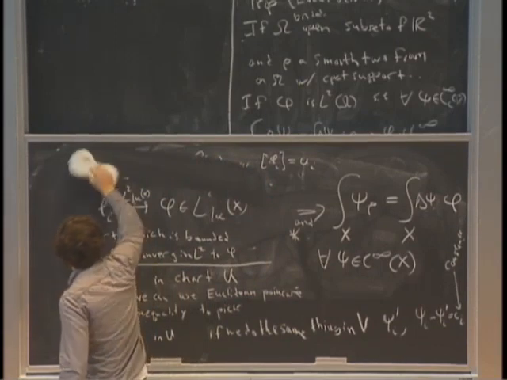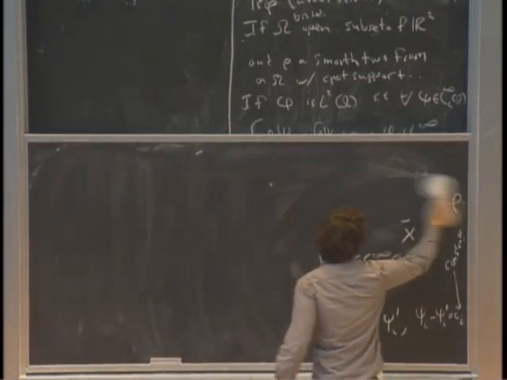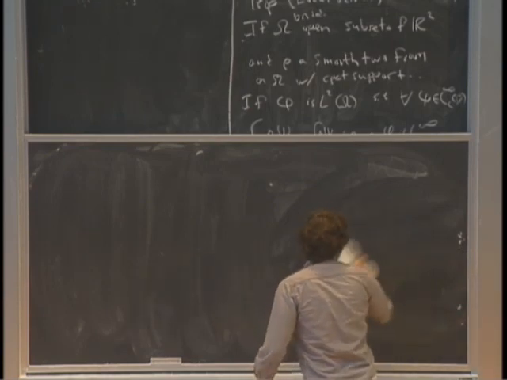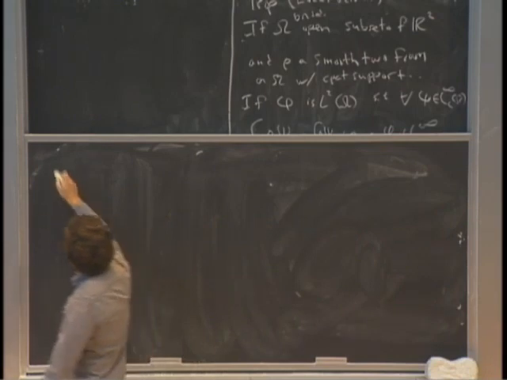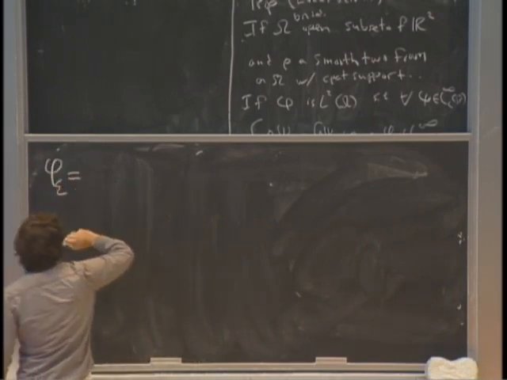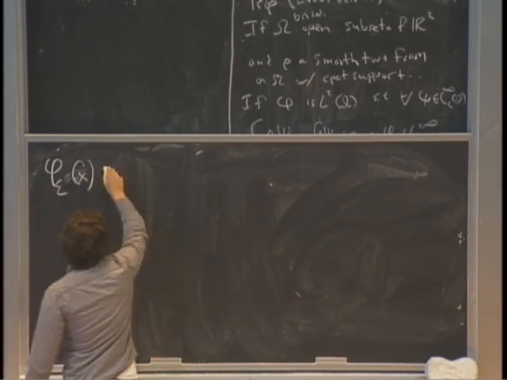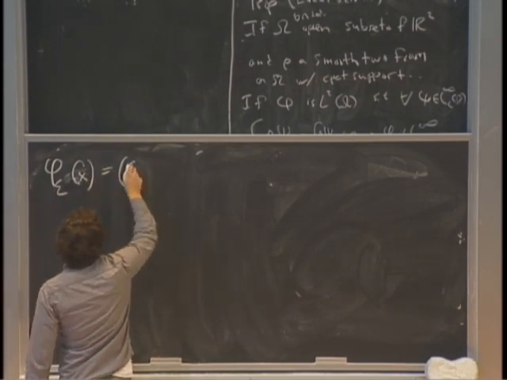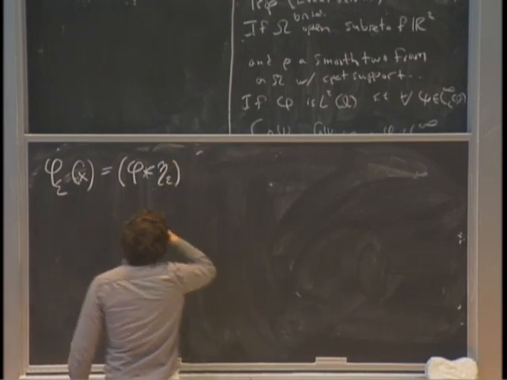Okay, so let's see how this works. Now we want to do the smoothing. So now we smooth out phi by taking phi epsilon, which by definition, the value at a point x, is the convolution of phi with this bump function eta epsilon.